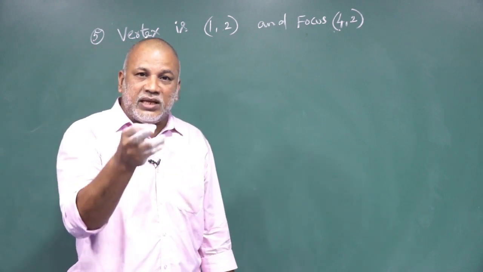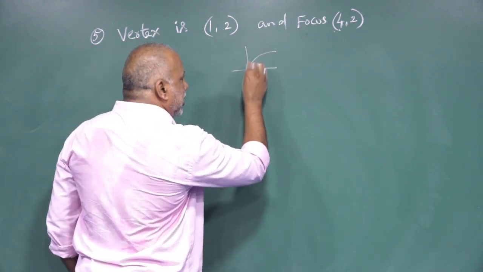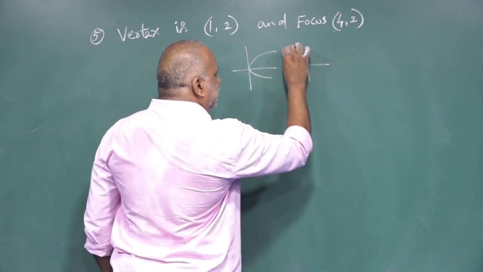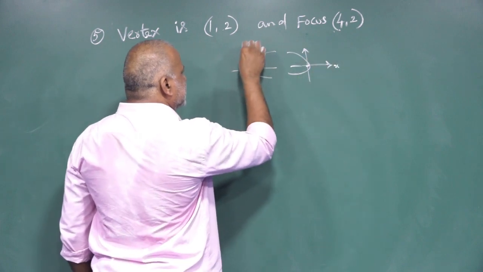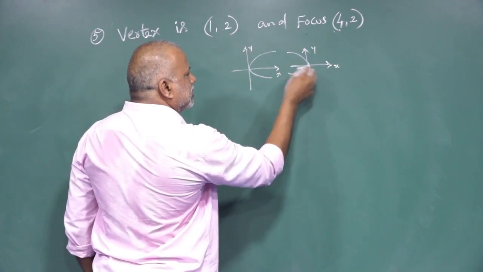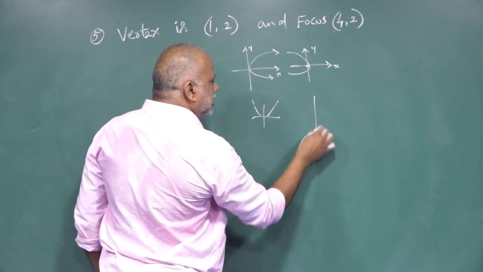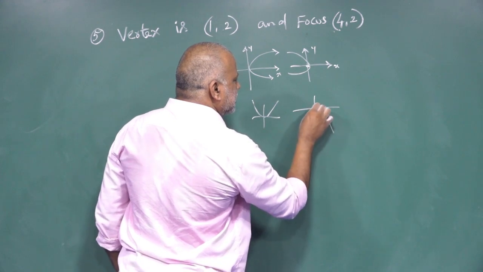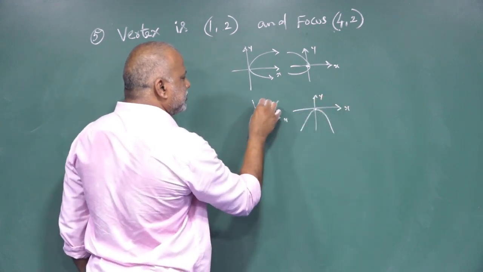Instead of vertex (0, 0), listen carefully. All the types: see type number 1 parabola, type number 2 parabola. This is x-axis, y-axis, x-axis, y-axis. See, this is the vertex. Type number 3, type number 4. All these are very rough diagrams only, just for recalling the concept.